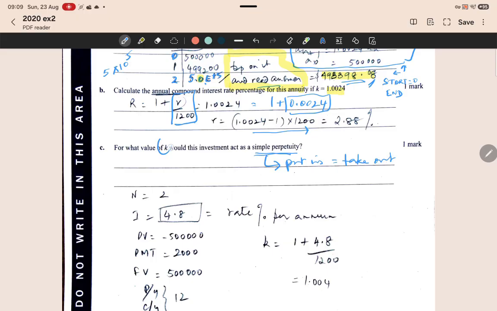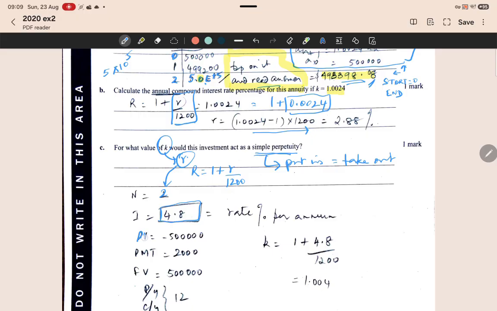So if the K value is the question, you have to calculate the rate, and that rate you have to calculate R using that rate as 1 plus R over 1200. Now, in order to calculate R, you can use the financial solver. Now, because the question said 2 months, okay, you can put 2 over here, leave this blank.